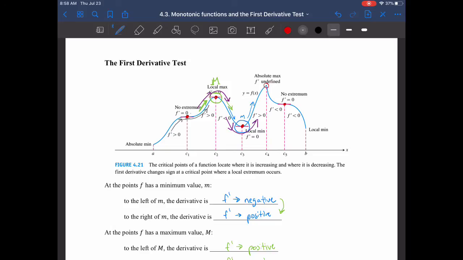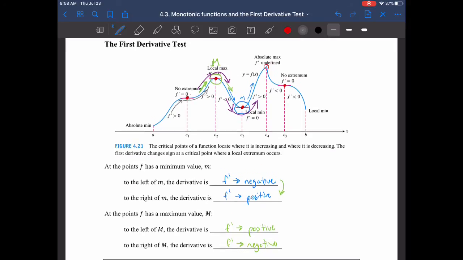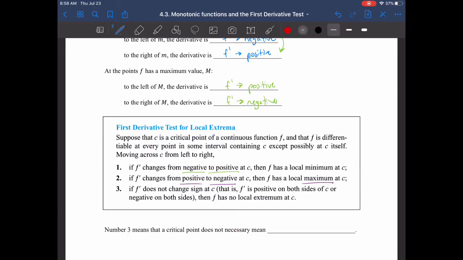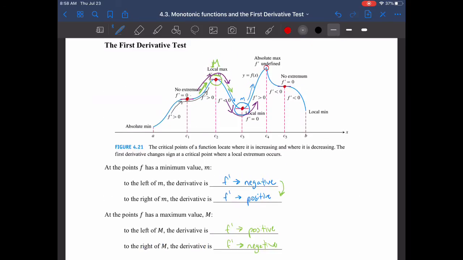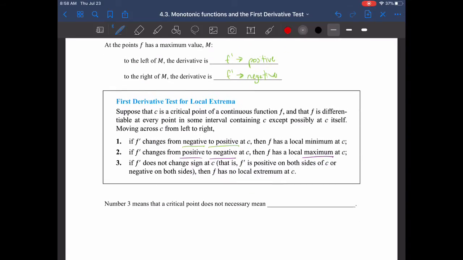It's not a maximum or a minimum. That's that example there. It's also this one over here. We have a negative slope right there, and after we cross that critical point, we go back to having a negative slope.